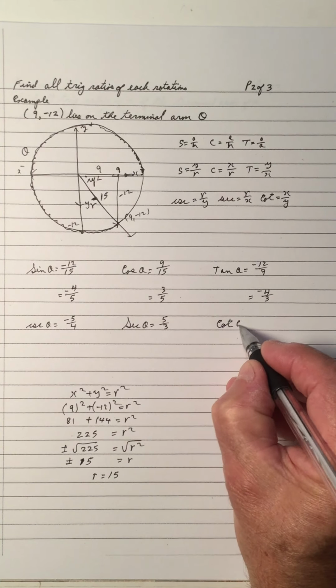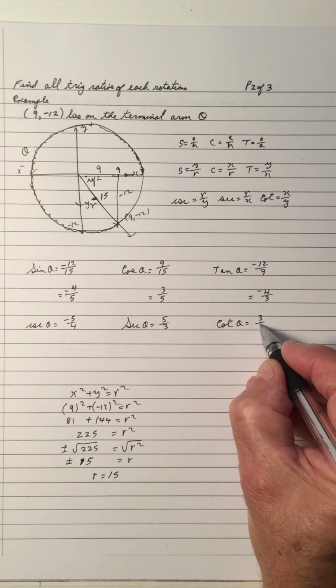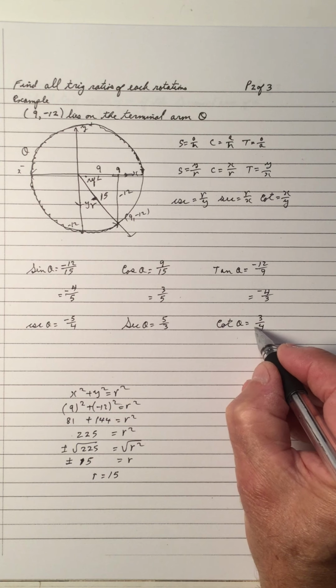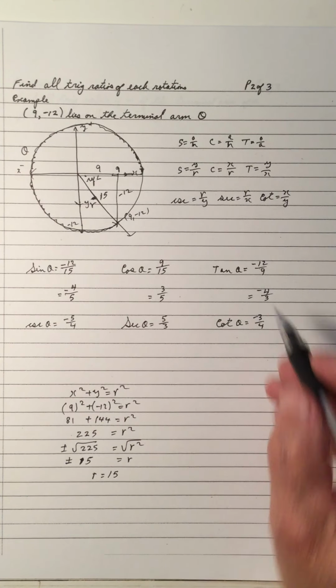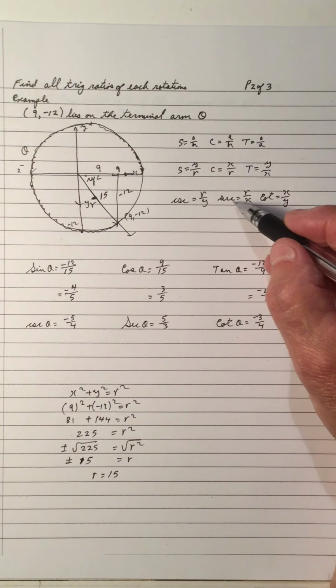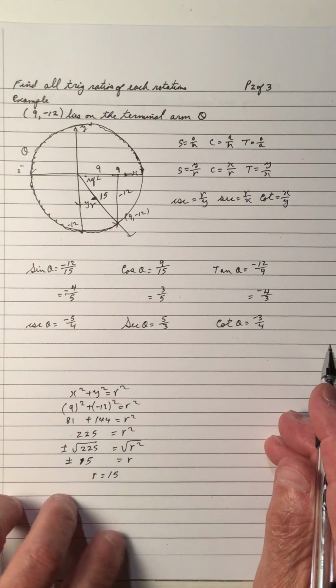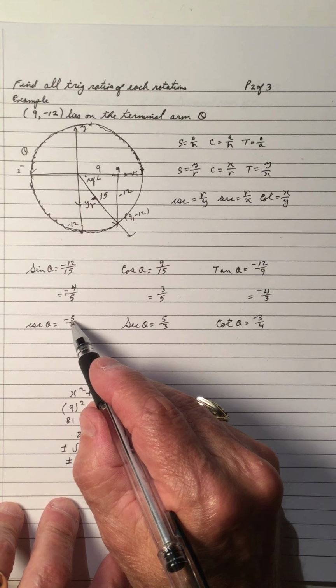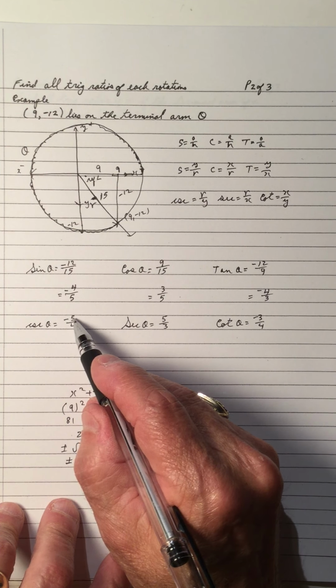Because you have tan, you can do the reciprocal. The reciprocal is 3 over 4, but I do not put the negative in the bottom, so I put the negative in the top. So once you get these three, you've got the reciprocals. This is the radius over the y. This is the radius over the x, and this is the x over the y.